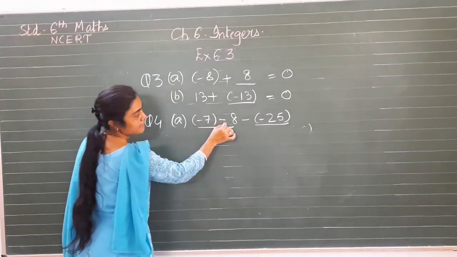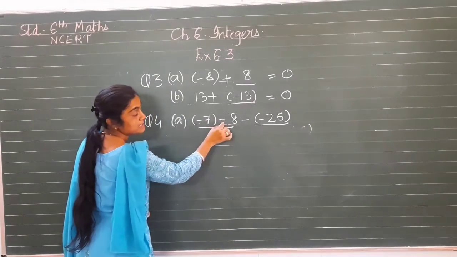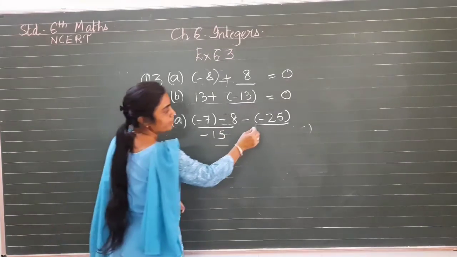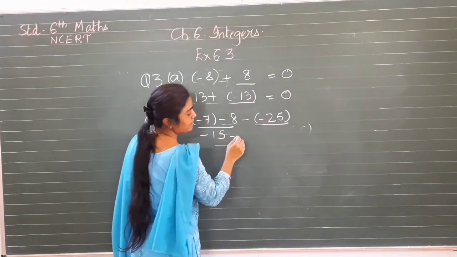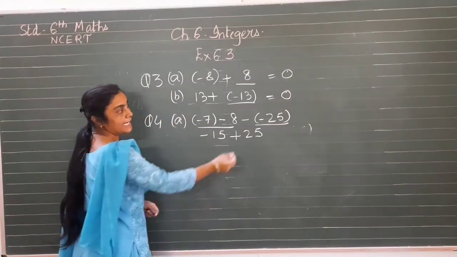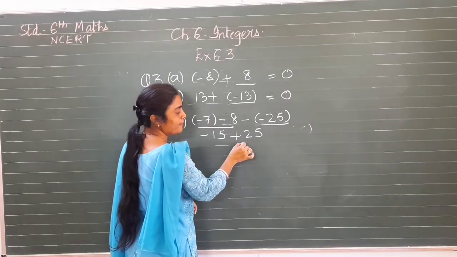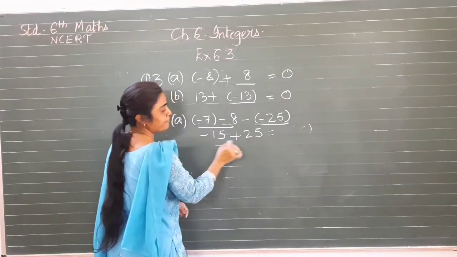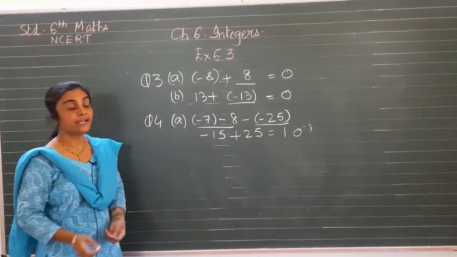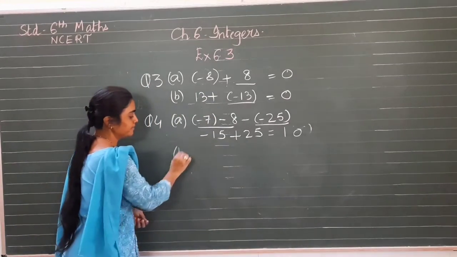Here is minus 7 minus 8, minus minus plus, so the answer will be minus 15. Now here is minus minus, so this will become plus 25. The additive inverse of minus 25 will be plus 25. If you subtract, 5 minus 5 is 0. The answer is plus 10.